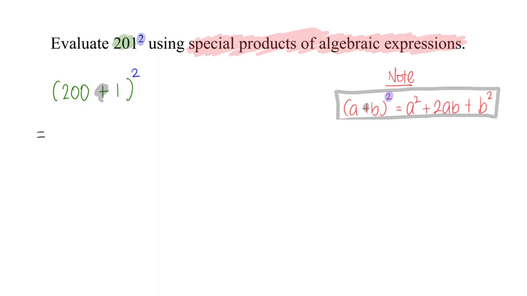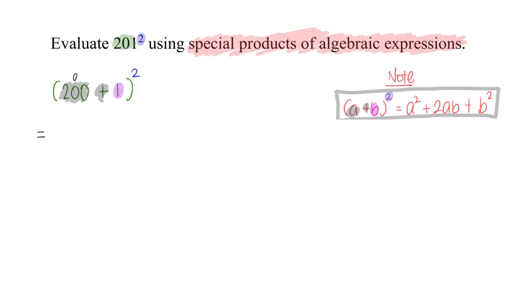Okay? I will have my 200 as my A, 1 as my B, and because of that, from here you can then see that I will have my A square.